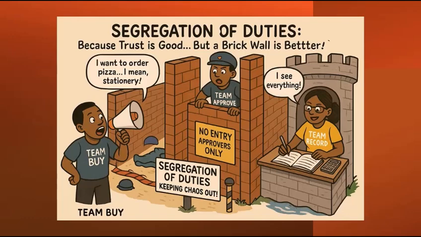I want to emphasize segregation of duties. This is one of the most important control principles. This means that different people must do different tasks. For example, one person authorizes a transaction, another records it, and a third handles the asset or money.